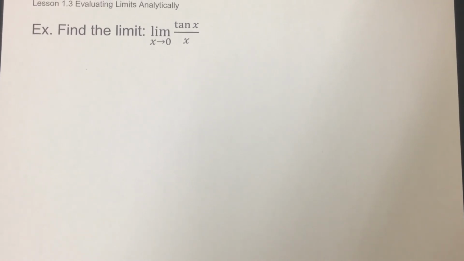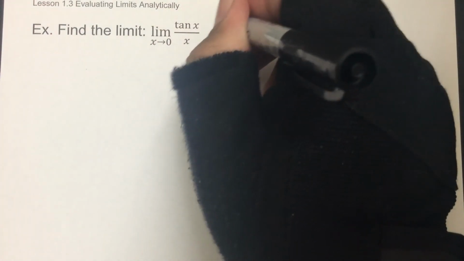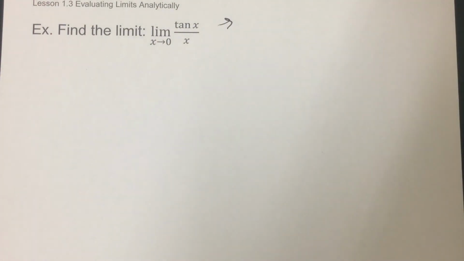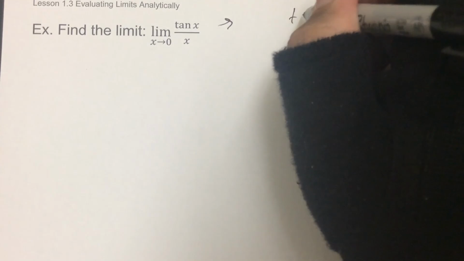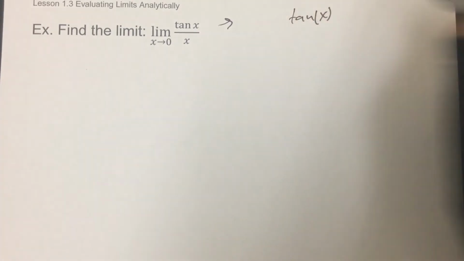So, starting with find the limit of tangent of x over x as x approaches 0. Well, let's see if we can break this up a little bit. If you think back to advanced math, for tangent of x there's an identity.